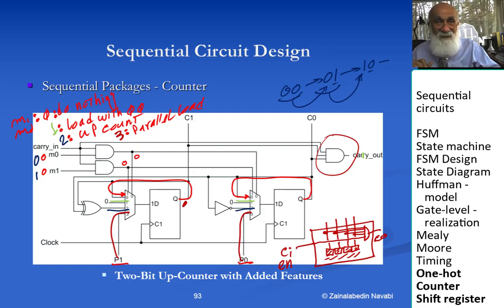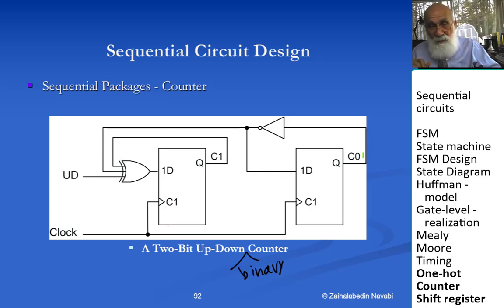And what I have shown you here is an up counter, and what I have shown you here is an up-down counter that as a package, a 4-bit one, an 8-bit one, a 2-bit one, can be used for more abstract designs. The same way I talked about comparator at the very end of the combinational circuits. Now I'm talking about a counter as an abstract sequential component.